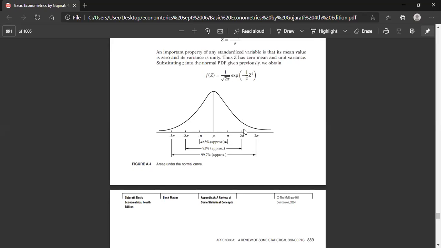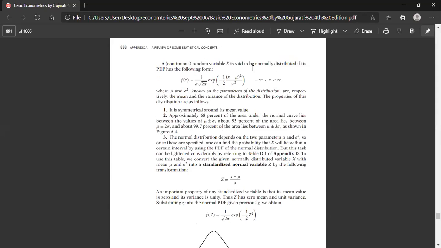That's what you can do here. So any probability you want to know, if you know the density function, obviously you have to know mu and sigma square, then you integrate this density function over that range, let's say 55 to 99, and you get the probability.